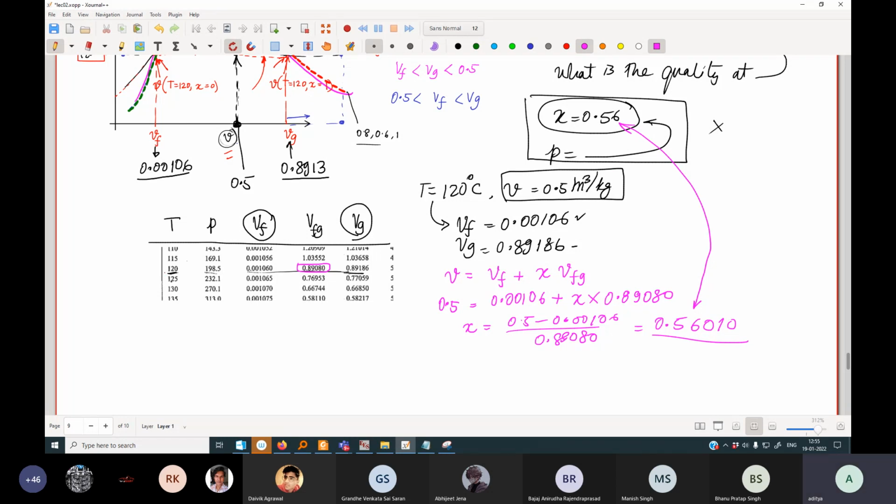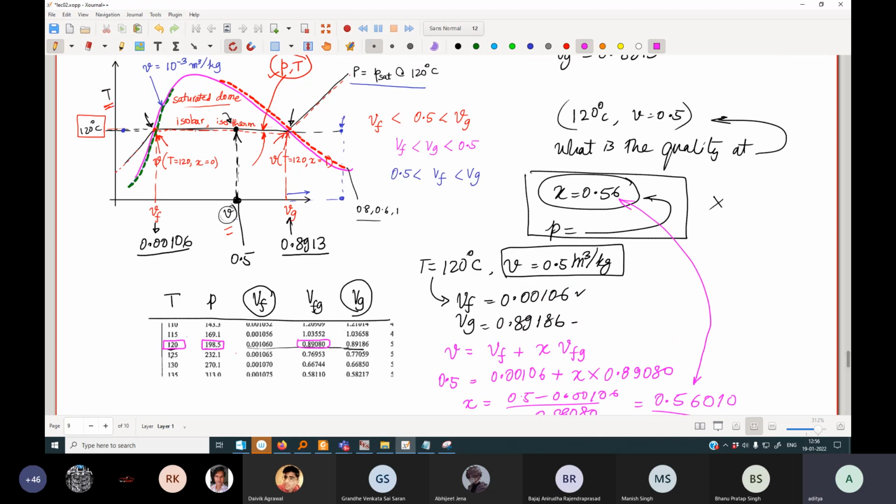But yeah, so given the temperature, this 120 degrees Celsius, this pressure is automatically fixed. Meaning for a saturated liquid, saturated vapor, or anything in between, these two are the common points. So I can specify either the temperature or the pressure, but I cannot specify both. I cannot say that I am inside the saturation dome, I am at 120 degrees Celsius and I am at some pressure equal to 300 kilopascal.